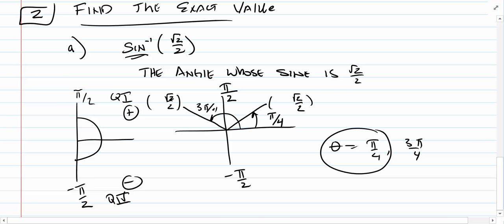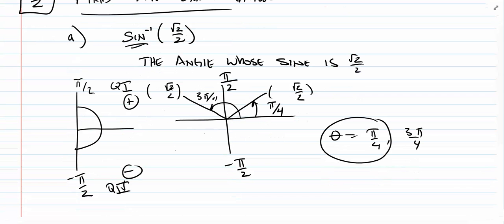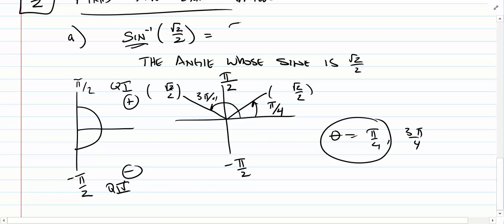So inverse sine only lives between quadrant 4 and quadrant 1, because it has to stay between negative pi over 2 and positive pi over 2, because that's how we set it up when we restricted our domain. That's why the background information is important. Therefore, the inverse sine of root 2 over 2 is only pi over 4, and the angle whose sine is root 2 over 2 is pi over 4.